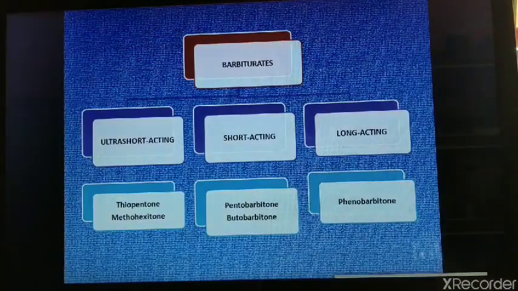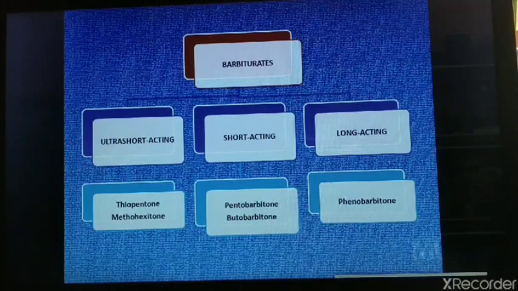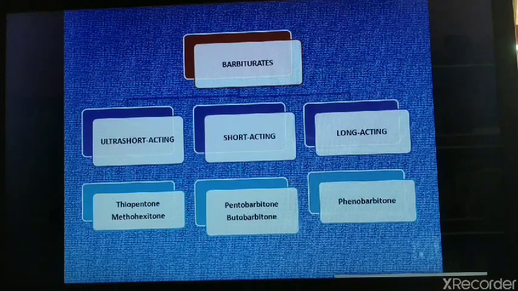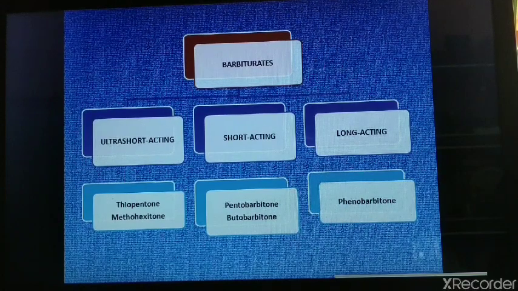Moving on to the next class of sedative hypnotic drugs, that is barbiturates. Now barbiturates are also classified into three types depending upon their duration of action. The first one is ultra short acting, followed by short acting and long acting. Ultra short acting barbiturates are thiopentone and methohexitone. We have studied about thiopentone in the general anesthetic part.